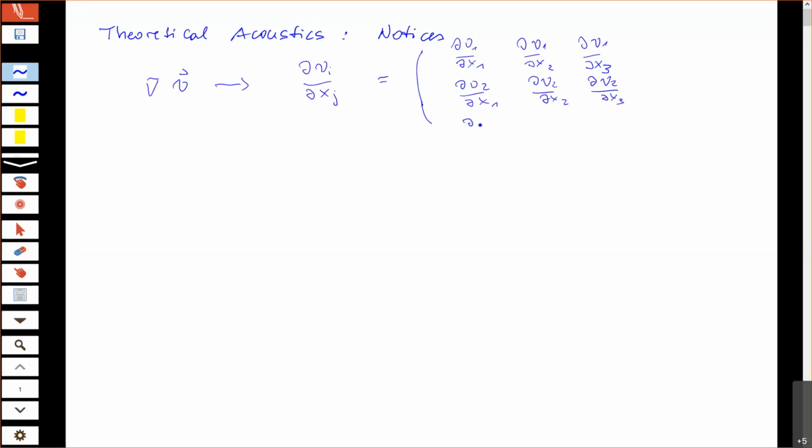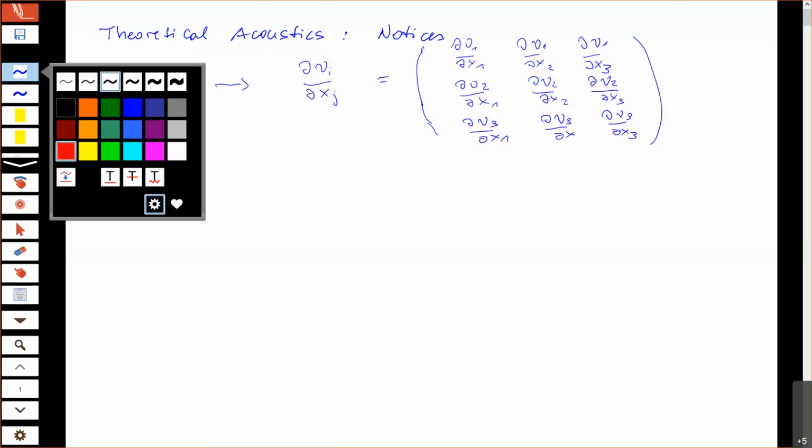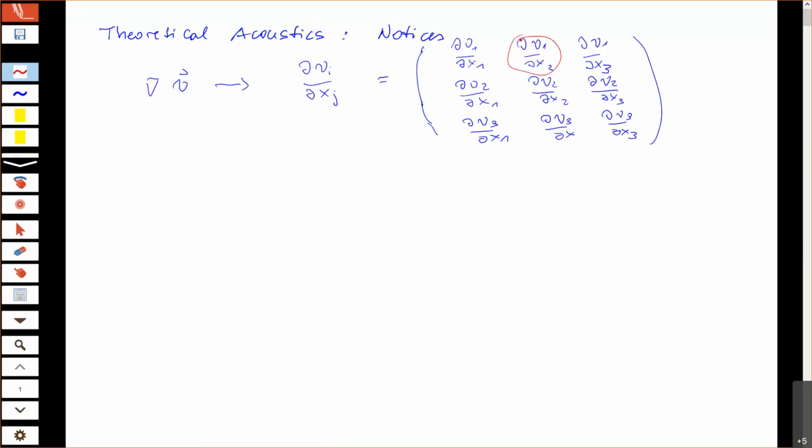And the last line is dv3/dx1, dv3/dx2 and dv3/dx3. What you also see here is that in the general case this is not symmetric. Here we take the first component with respect to the second coordinate, and there the second component with respect to the first coordinate. So it is not a symmetric tensor of second order. But you see, it's really easier to compute.